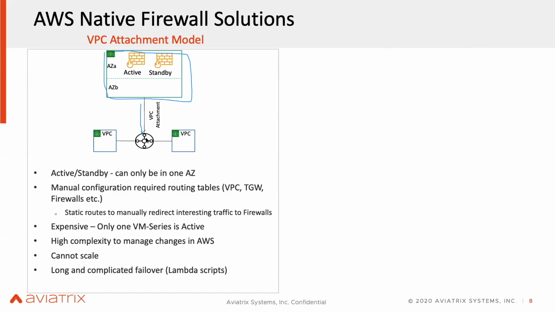That's what they claim. But again, you have to manually configure the route in the VPC table so that you can send the traffic towards this firewall, and then this firewall will send traffic back to VPC number 2, and then the return traffic should go through this firewall, which is in active standby case. Obviously only one is active, so you don't have to do any SNAT or anything. But again, it's a complex process.